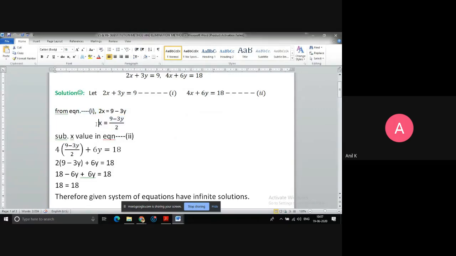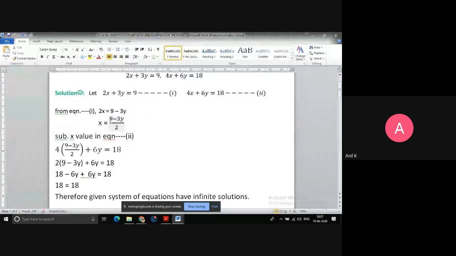Now what you have to do is substitute this x value in equation number 2. Don't substitute this x value again in equation 1, because I got this from equation 1 only. If you use equation 2 here, whatever x value you get, you have to substitute in equation 1.